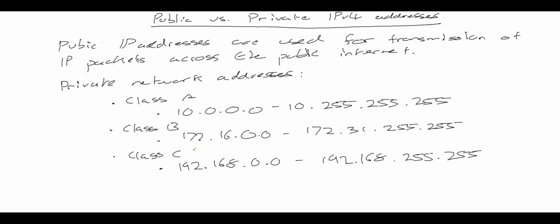So my computer internally within my home network could have the same IP address as my neighbour's computer internally within their home network, and that's why you do see these 192.168 addresses being used all over the place, but they can't be used to send packets on the public internet.